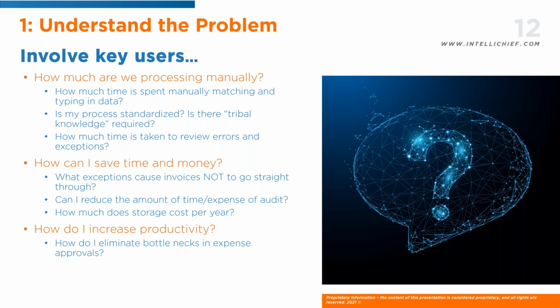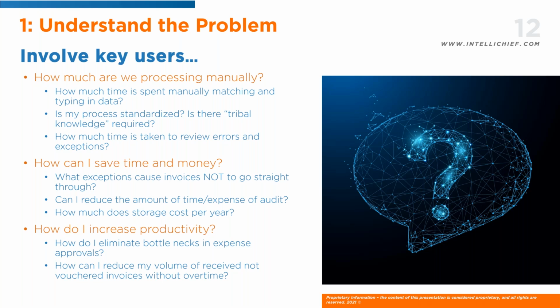The bottlenecks in expense approvals. Every time we send it to the Eastern region, it doesn't come back for 12 days and now the invoice is late, or whatever that piece is that's causing those bottlenecks to happen. Can I reduce my volume of received not vouchered invoices?